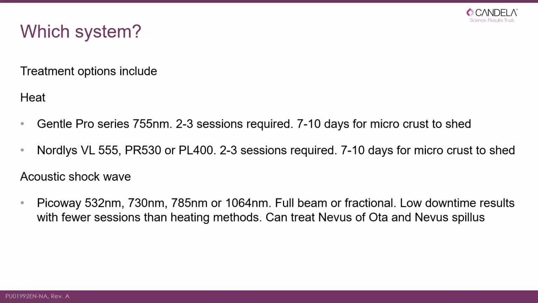The results are very, very similar between these 2 systems. 2, 3, sometimes 4 sessions required. And after 7 to 10 days, you get this little microcrust shedding away of the skin. And during that time, it is really important that your patient makes sure that they keep the skin well hydrated.